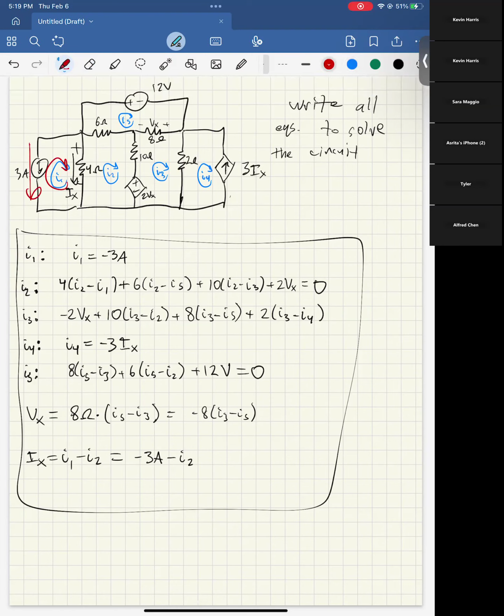If we know there's a current here, this part of the circuit is only affected by I1, right? So if I1 flows through here, but we know the current is going like that because the current source is defining the current as flowing like that, then you can just write this equation and be done with it. You don't have to do anything else.